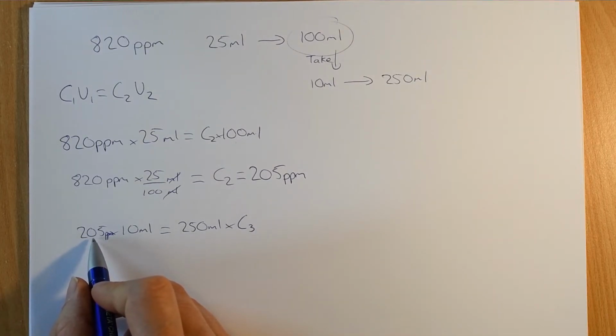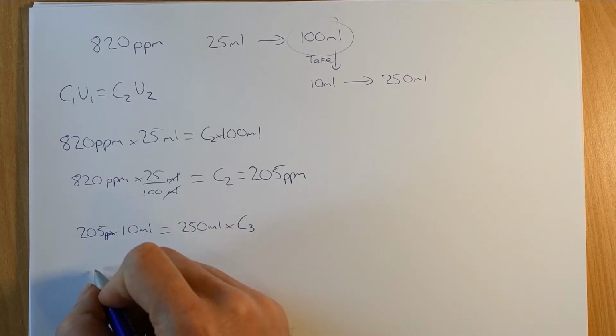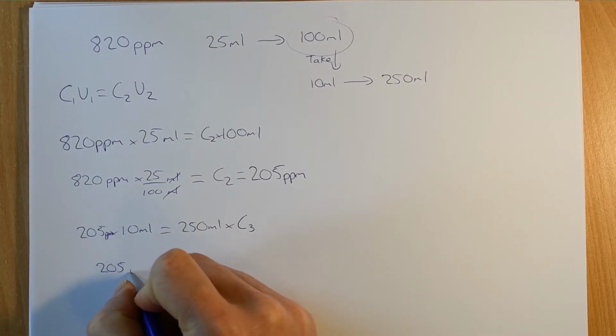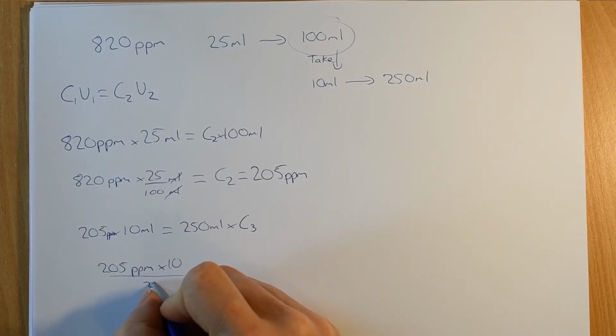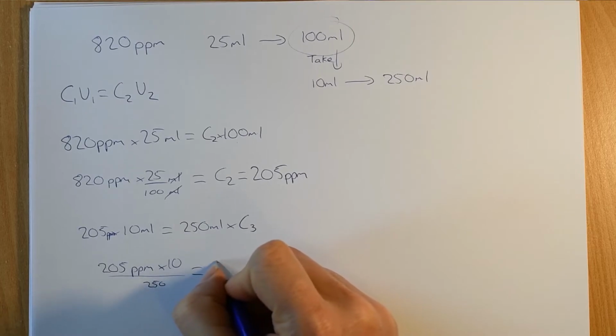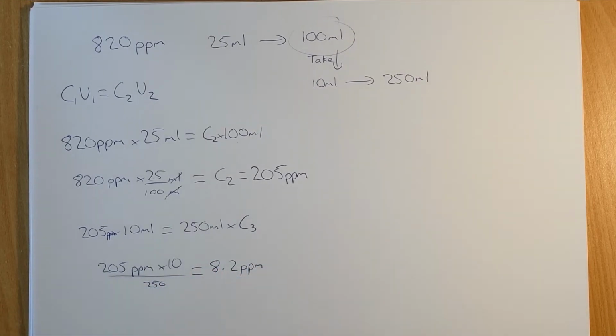So 205 times 10 divided by 250 gives you an answer of 8.2 ppm. So that's our final answer.